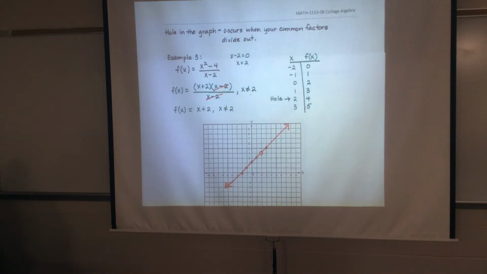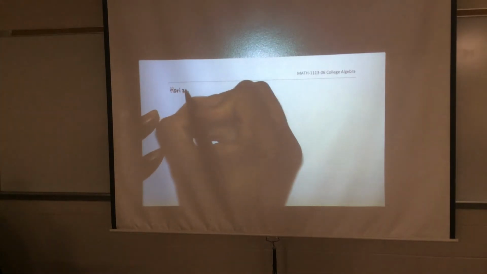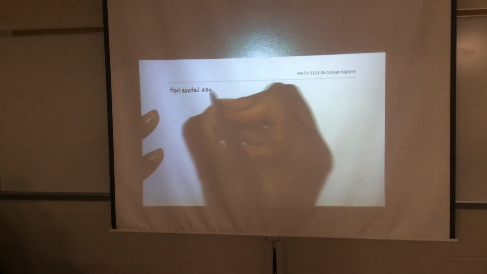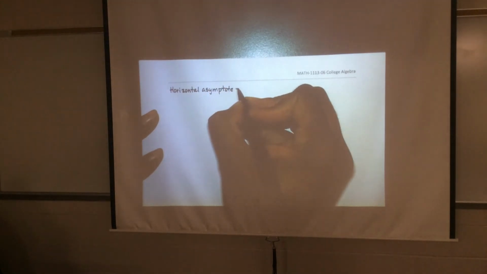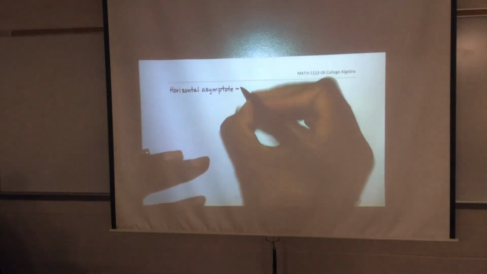Okay, now let's talk about a horizontal asymptote. Since we have a vertical asymptote, we also have a horizontal asymptote.